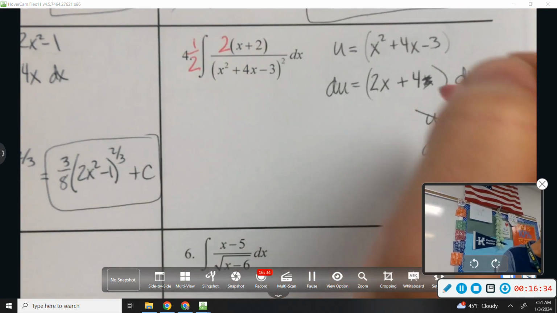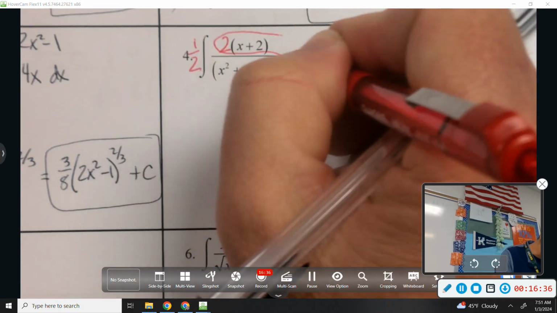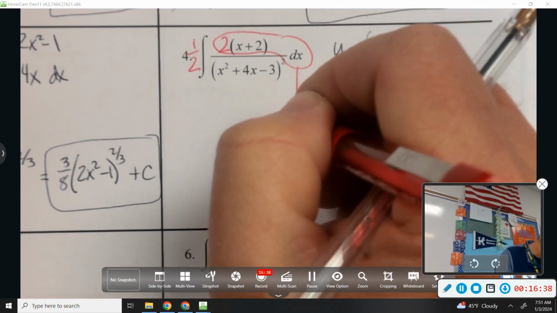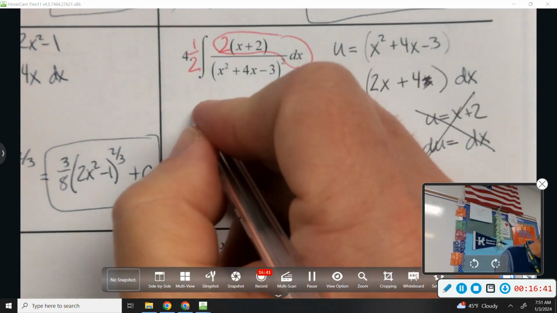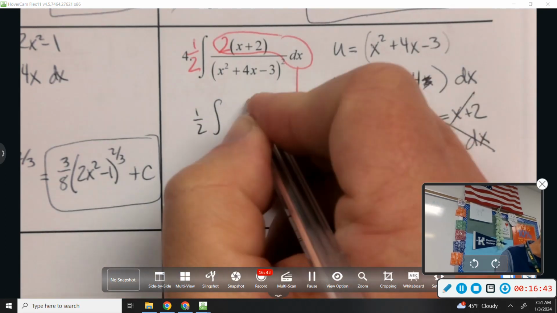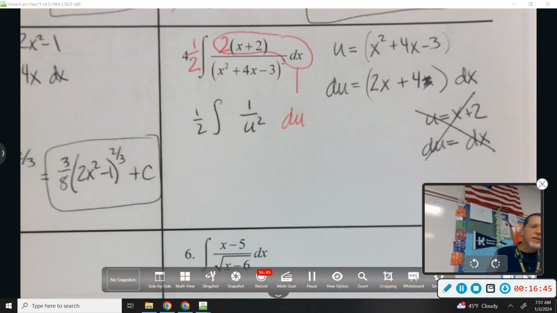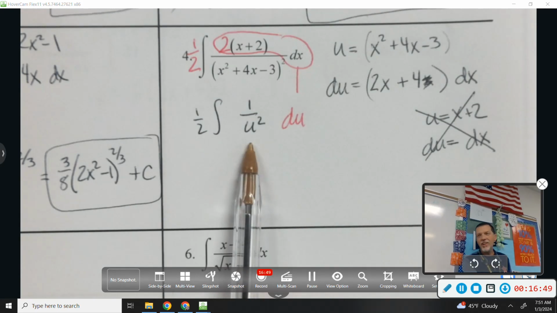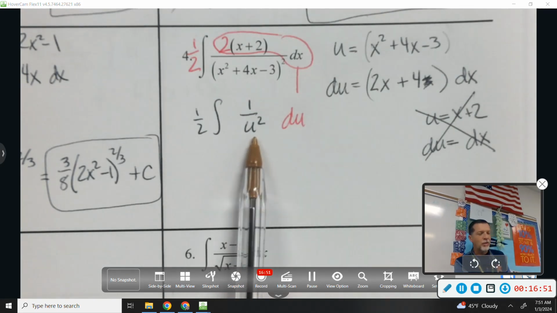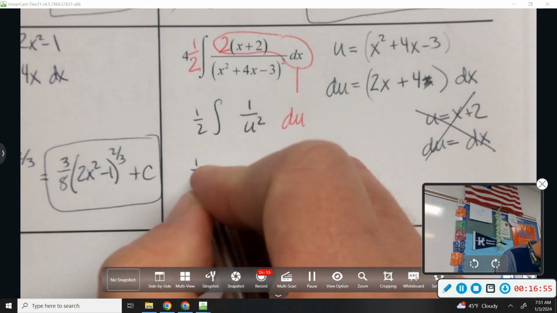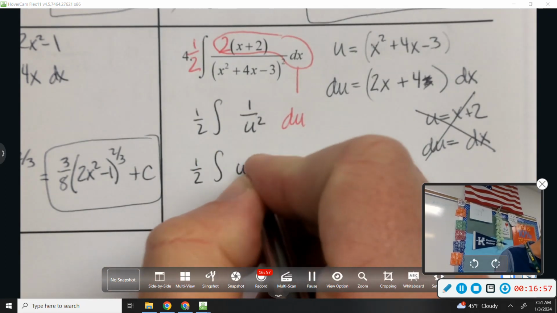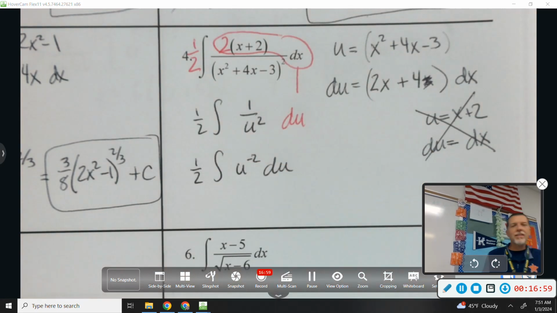And so now all of this numerator is du. And then I've got 1 over u squared. I advise against trying to integrate that because if you increase the power by 1, you end up at u cubed, but that's not right. It would be wise to rewrite it like that.